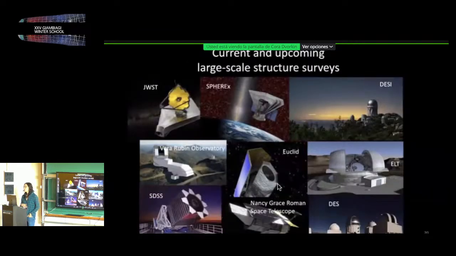And there is also a tremendous amount of data that we expect to receive in the next few years from the large-scale structure of the universe. The Vera Rubin Observatory, SphereX, well, DESI is already taking data, JWST, etc. This is not a complete list of experiments.